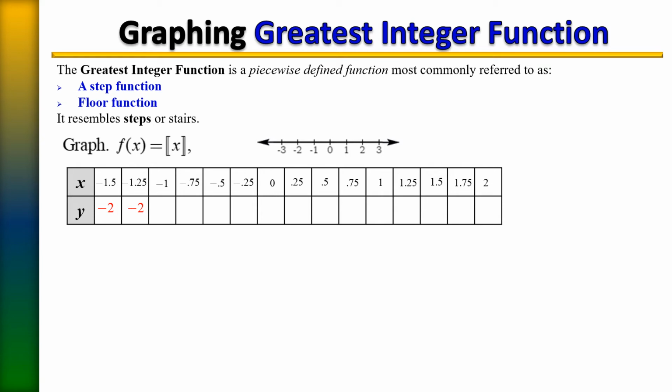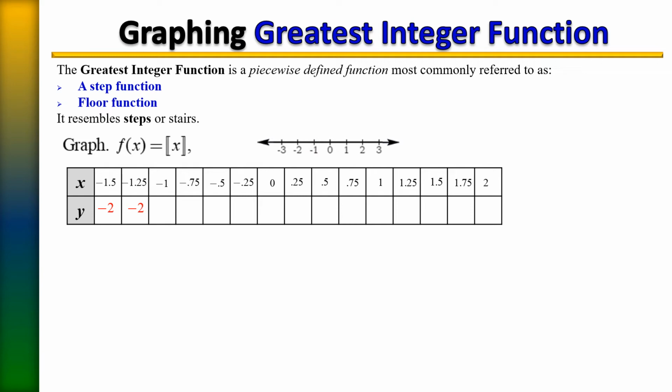And how about negative 1.25? It's going to be the same because that would just be a little bit closer to negative 1. However, we want the integer that is less than that value of negative 1.25.